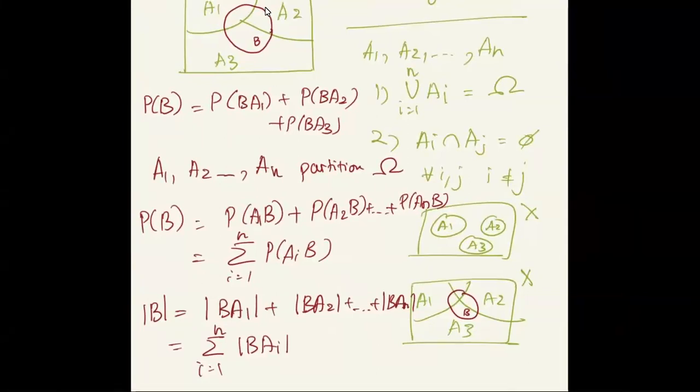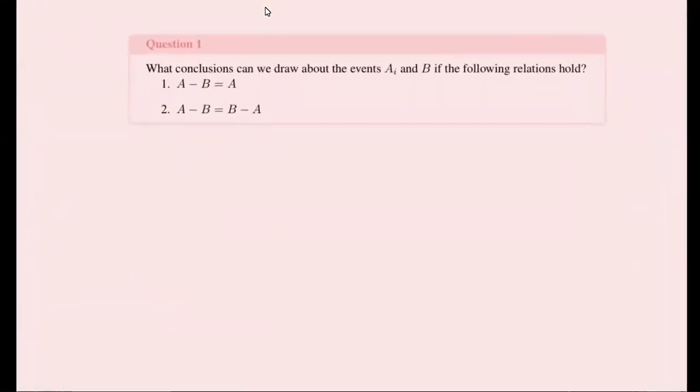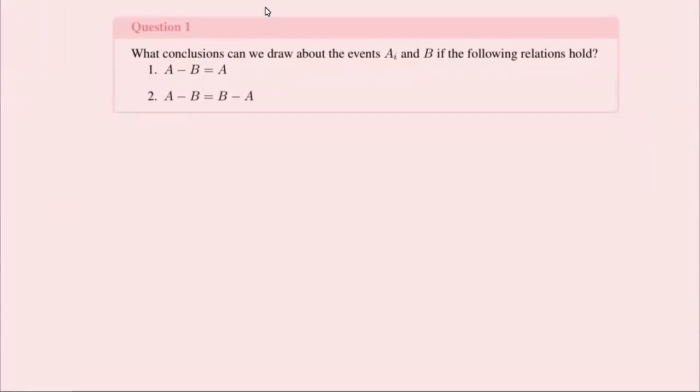Any question about this one? If no question, I will let you work on question 1, maybe for 3 minutes, and then I will take it up. Let me know if you have any question.